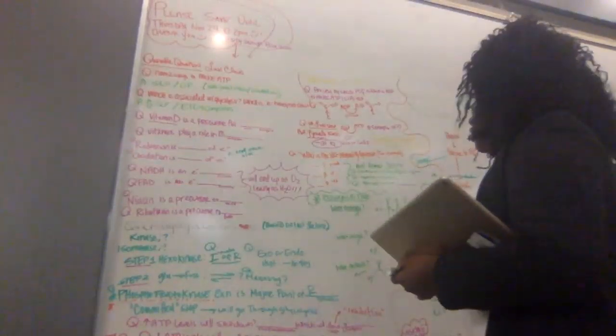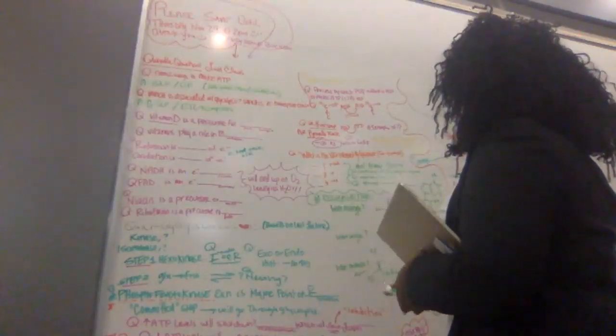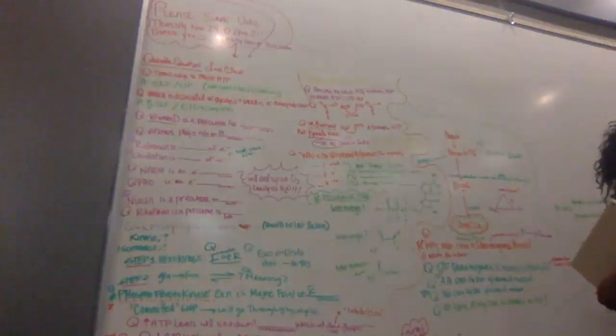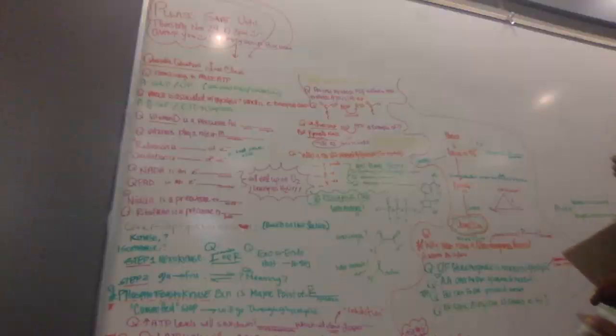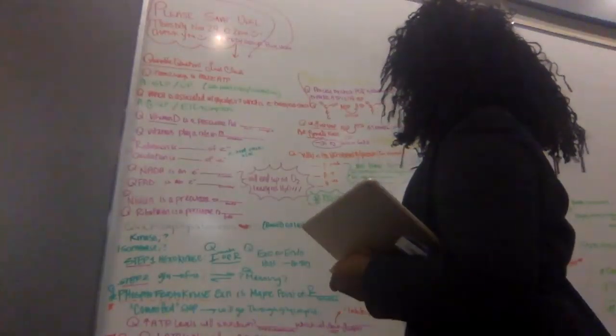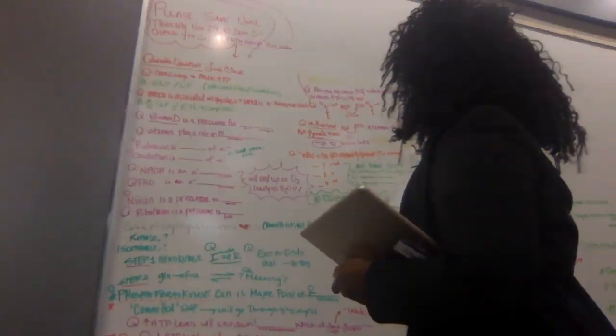So, okay. Yes, let me write that down. Cool. So next, what is the net product number per glucose for glycolysis?